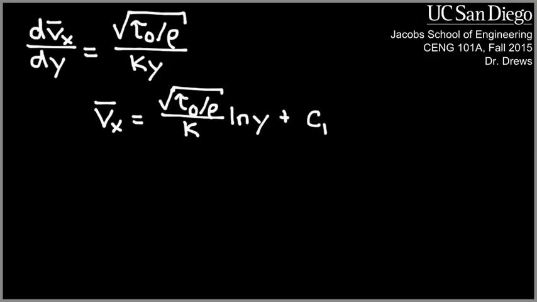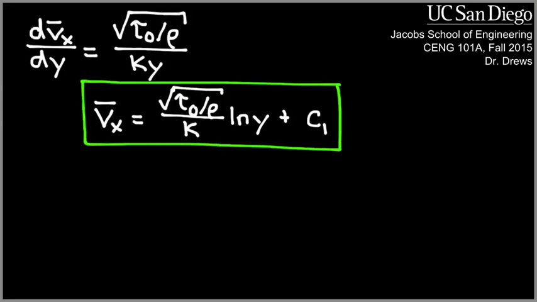This is a very important equation. It gives us the functional form for how we expect a velocity profile to vary in turbulent flow. This form is called the law of the wall. And the important part here is that natural log dependency on y.